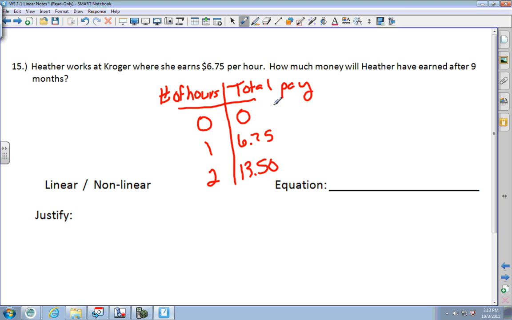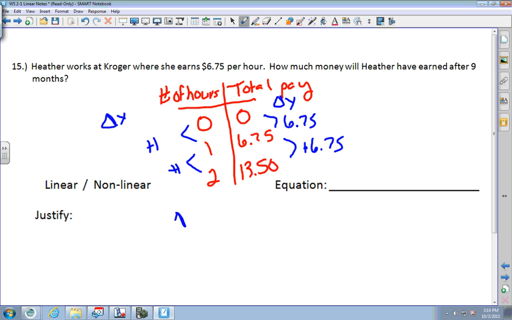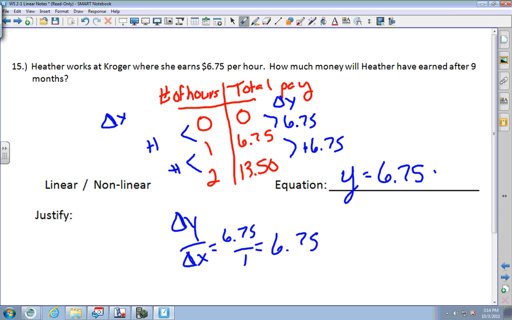You can start here and do delta y, $6.75 plus $6.75, and delta x plus 1 plus 1. So I have delta y over delta x, 6.75 over 1. So my coefficient is 6.75. Y equals 6.75 times x. Now I could put plus 0 over here, but I don't need to. This is my equation. It is linear.